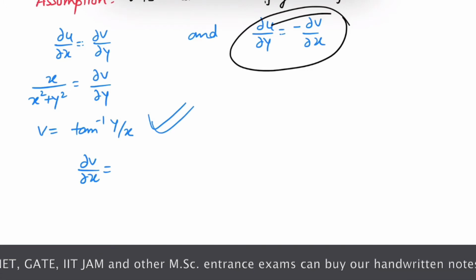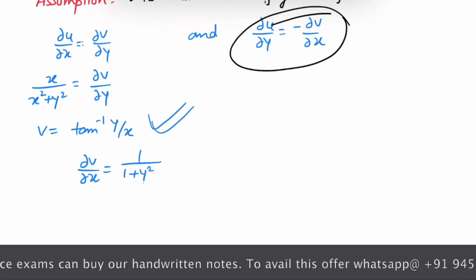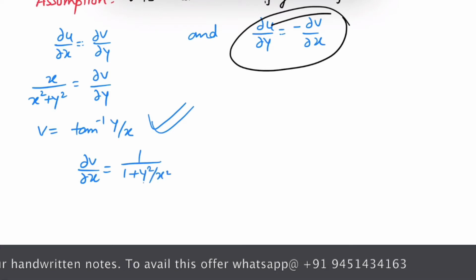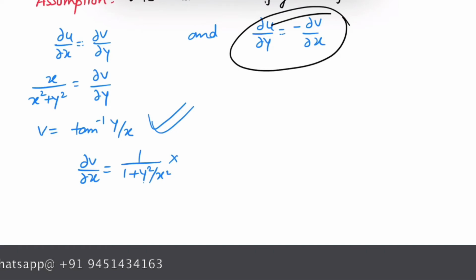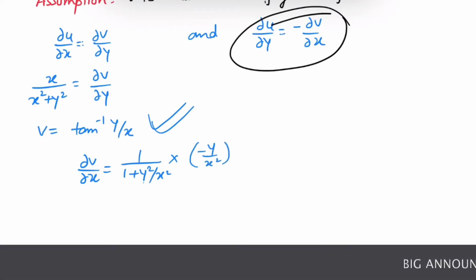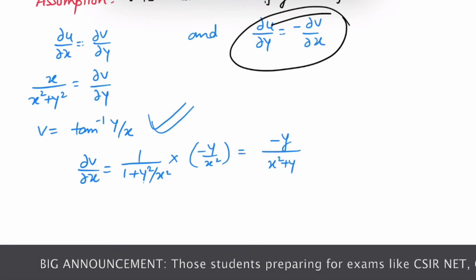Its differentiation will be 1 over 1 plus y square over x square, multiplied by the differentiation of y over x, which is minus y over x square. On simplifying we'll have minus y over x square plus y square.